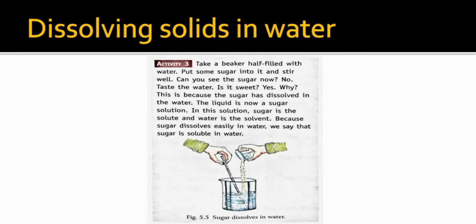So here sugar is solute and water is solvent, and when we mix sugar into the water, what happens? Sweet water is formed. It means a sugar solution is formed. What is a solution? When the solute and the solvent are mixed together, they form a solution.